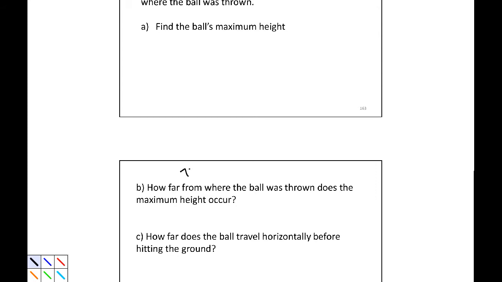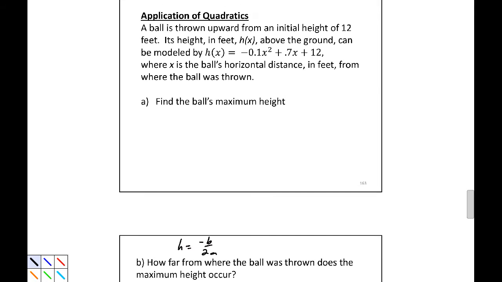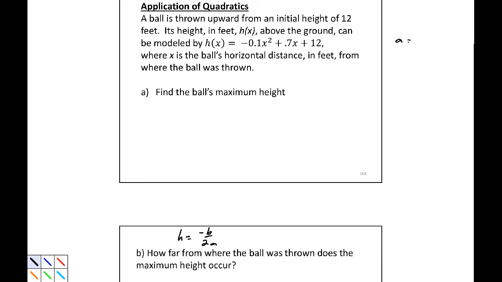Well, I'm going to say h equals negative b over 2a. My a, b, and c: a is negative 0.1, b is 0.7, and c is 12. So this will be negative 0.7 divided by 2 times negative 0.1.